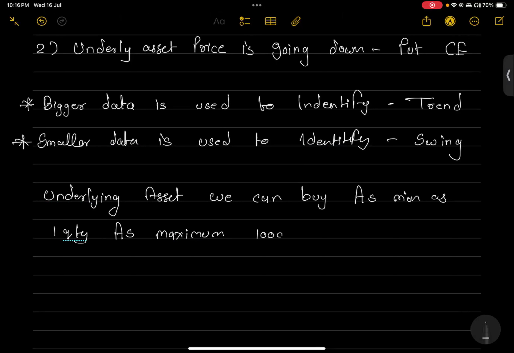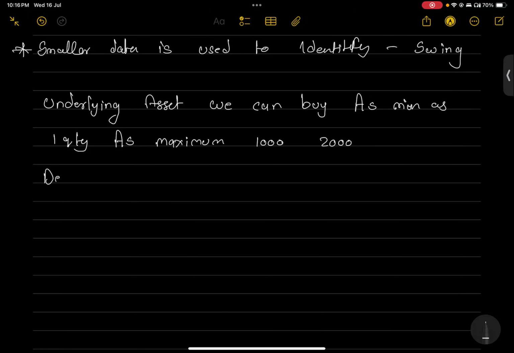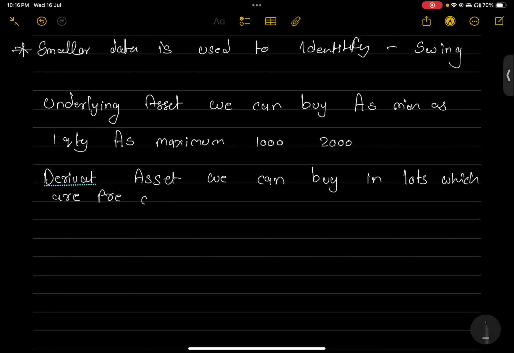It can be 1000, it can be 2000. Okay, there is no limitation. But if you're trading in derivatives, in derivative asset, we can buy in lots which are pre-decided.